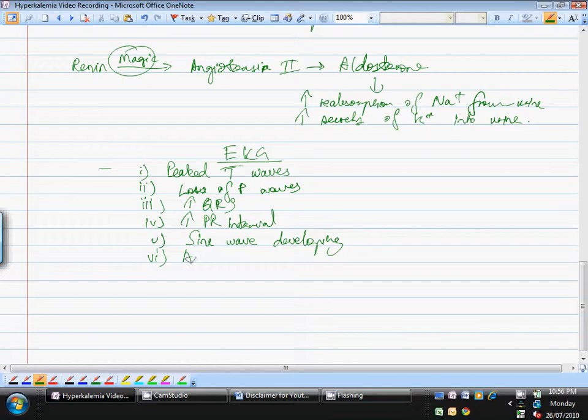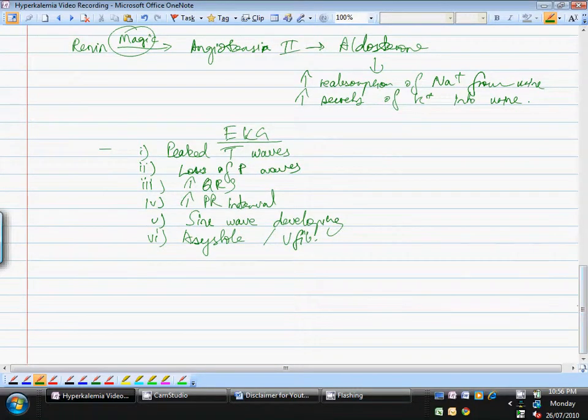And then you have asystole or VFib, both being bad conditions. Okay, now again, I just want to remind you these EKG changes can occur at any potassium concentration, and by that I mean usually above the 5.0 cutoff.